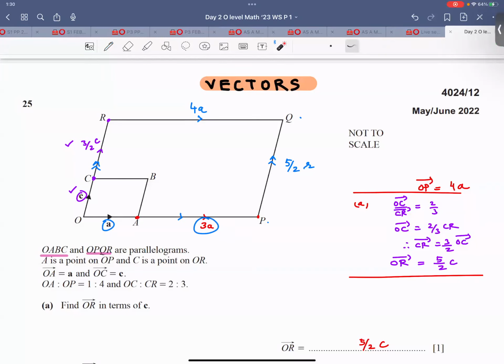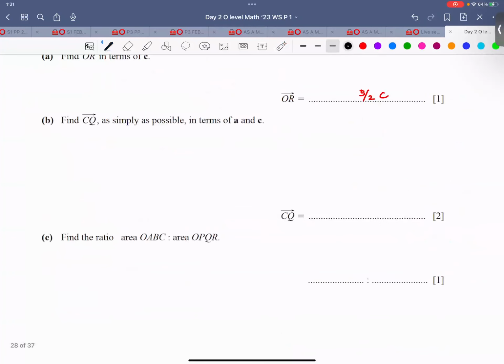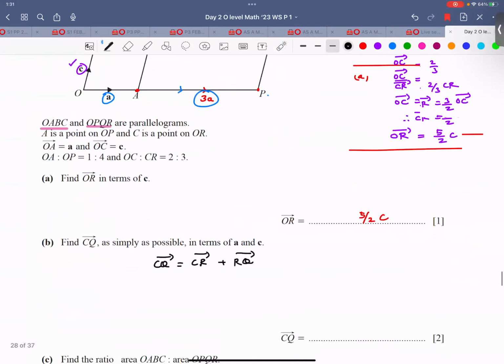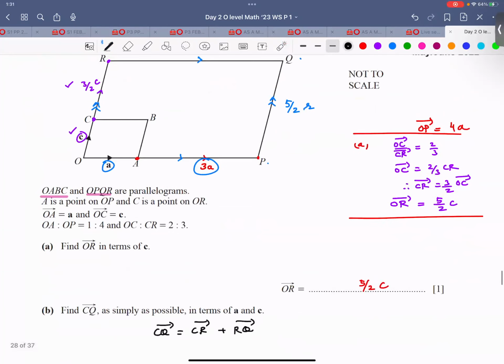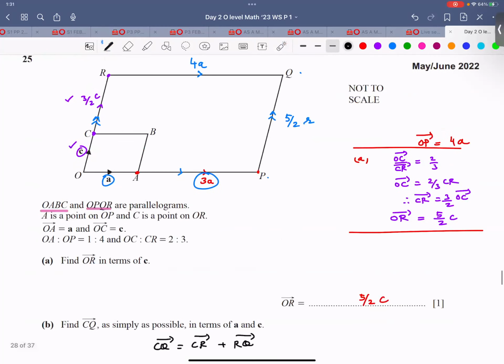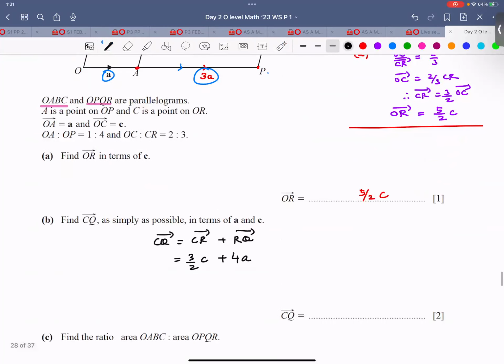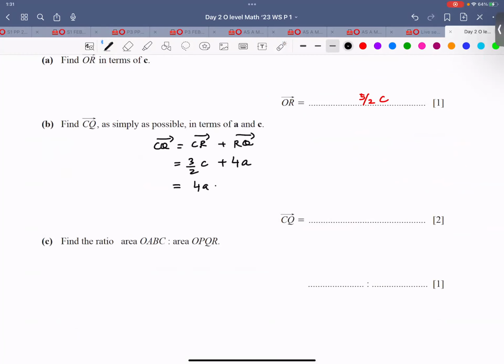So CQ is CR plus RQ. CR is 3 over 2 c, and RQ is 4a. You can switch around the places: this is 4a plus 3 over 2 c.